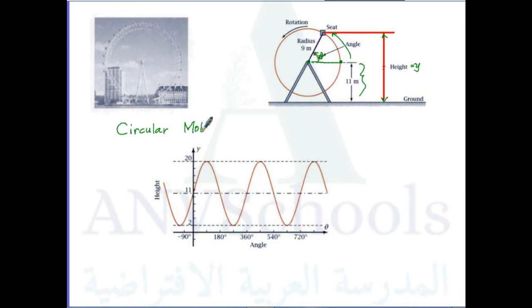It could be graphed using a circular function, and we call that circular function or circular motion sinusoidal. Okay, this is also sinusoidal, or harmonic sometimes.